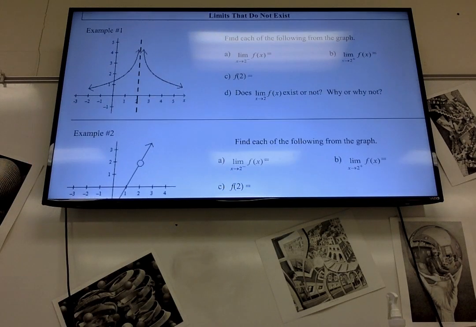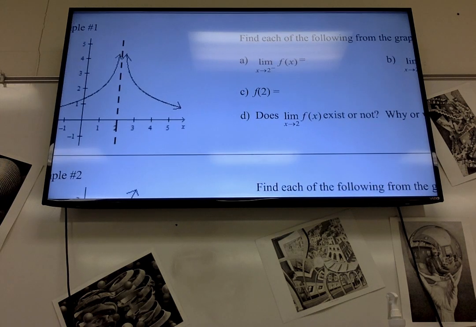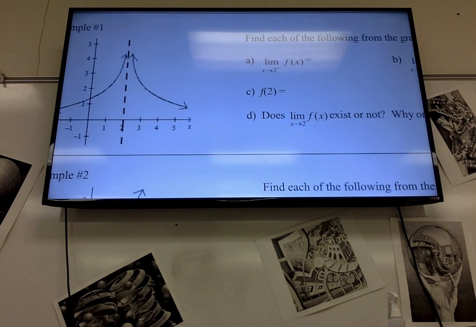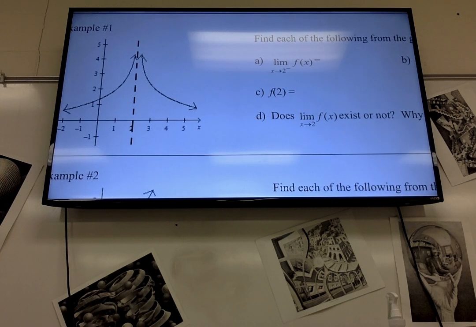So, here we go with these. Find each of the following from the graph. We're going to start with that one. The limit as x approaches 2 from what? Left, because it's a little minus sign. So what is y doing as x approaches 2 from the left?